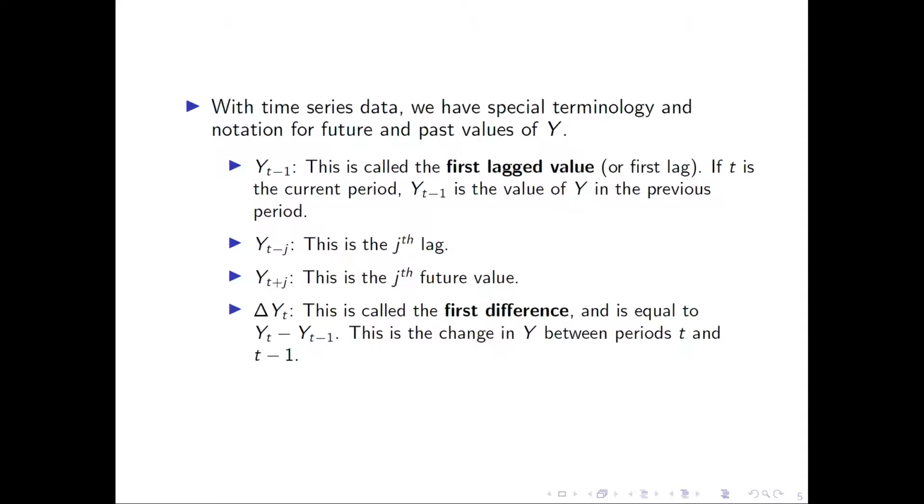We have mentioned lagged values, and yt minus 1 is often called the first lagged value or the first lag. And if you're standing at a time period, for example, you have time here, and you have the y value here, and you have a counter 2, 3, 4, 5, 6, or 7, and so on.